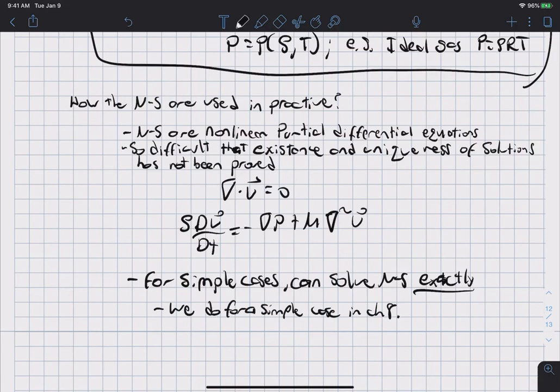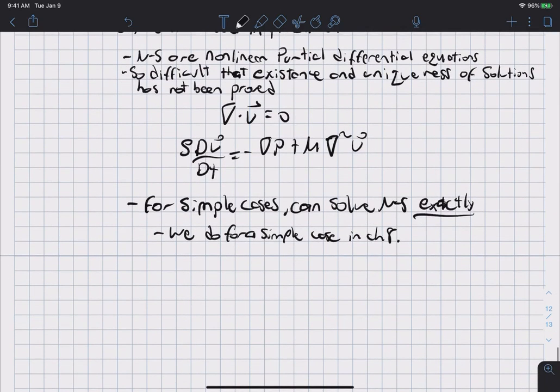Now that does not mean that we went through the trouble to derive these equations and to show them to you, that they're completely useless. I'm not just showing you this stuff because I'm mean and hard. No, these are extremely useful in practice.